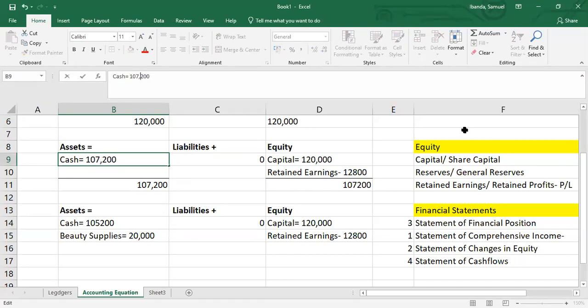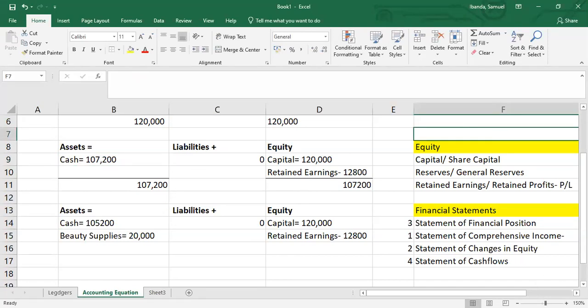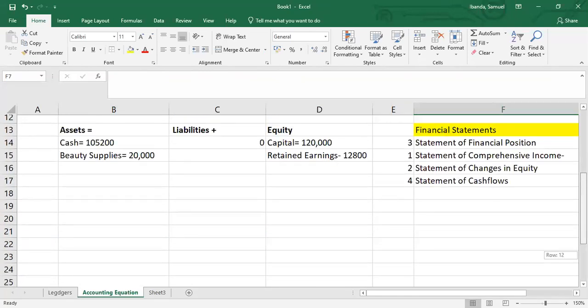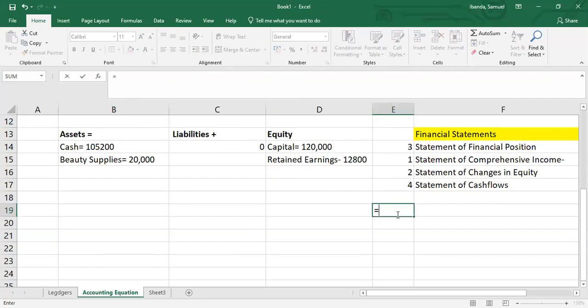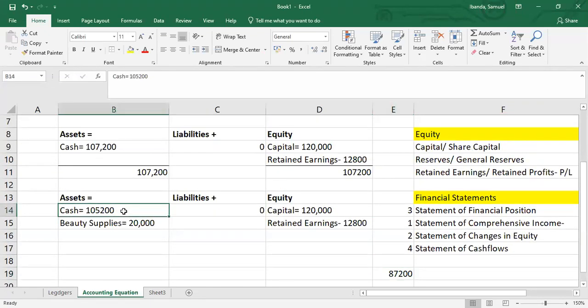Yes, we can try to calculate this. I tried to use my head. In case you have a calculator, please help. 107,200 less 20,000 is 87,200. Thank you. So this is 87,200 when you use your calculator.